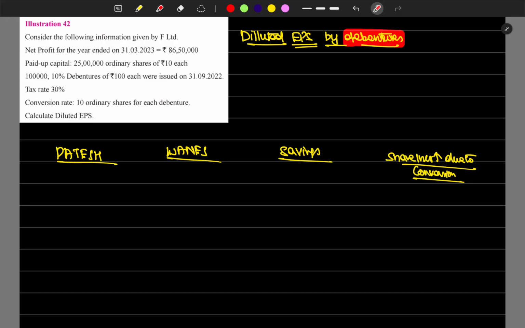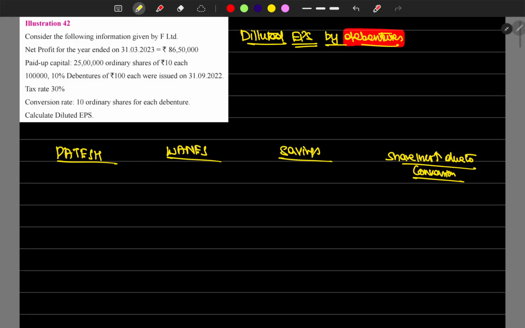The diluted EPS is comprised of these four line items only: numerator, denominator, savings, and share increase due to conversion. Okay, the numerator is the profit attributable to equity shareholders. What is the numerator in this question is 86 lakh 50,000. It's directly given.